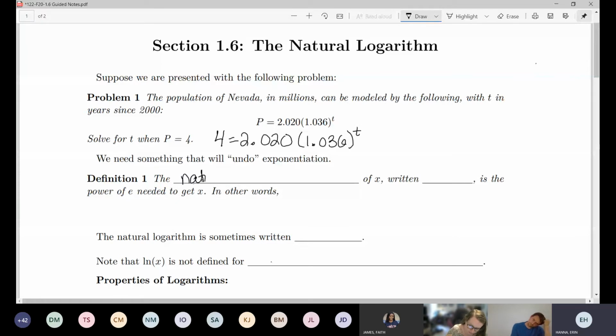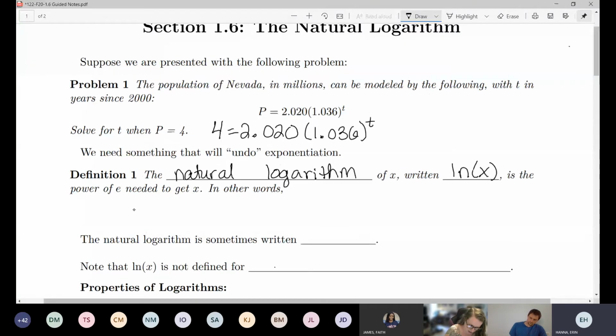So the natural logarithm, full name, logarithm. So the natural logarithm of x, which is written ln of x, so that's an L, not a 1, is the power of e needed to get x. So in other words, if we have the natural log of x equals c, this is going to mean that e to the c was equal to x.